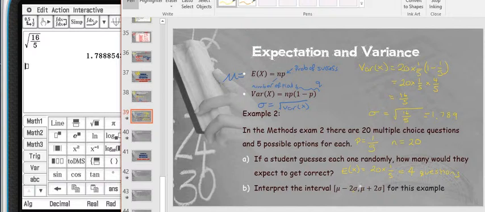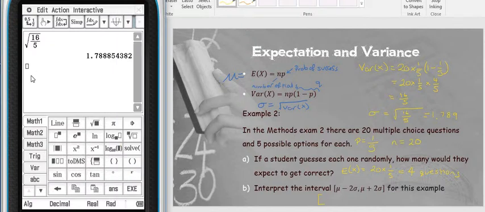So to interpret this interval here, our mean minus 2 times the standard deviation, we need to calculate this interval first. So when we calculate this, we're taking our mean, which we had before. Our mean, remember, is the same as our expected value. It's our answer to part A. So our mean is 4.